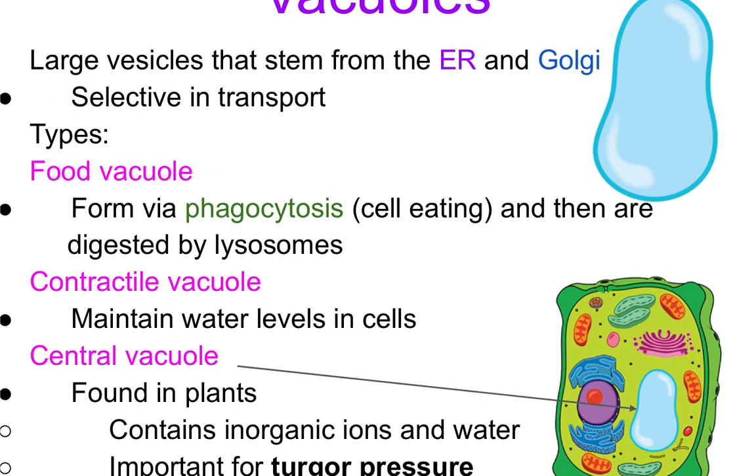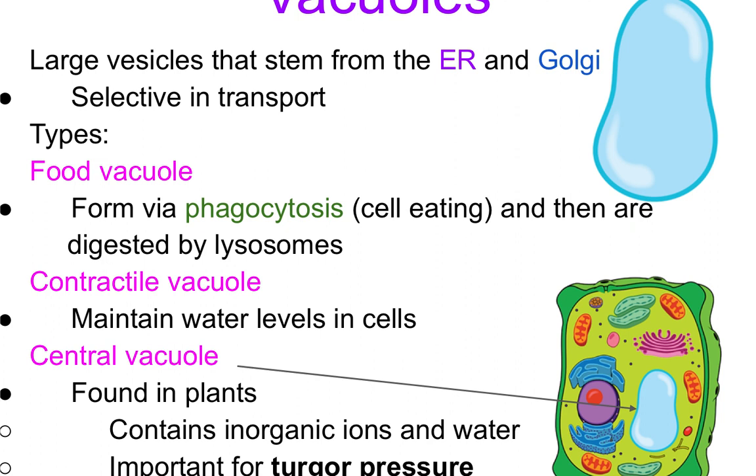water. There's lots of vacuoles inside of cells, but let's talk about a few really specific ones. So the large vesicle that stems out of the endoplasmic reticulum and the Golgi apparatus is committing this selective transport. It can work in 3 different major ways. It can work as a food vacuole, it can work as a contractile vacuole, and it can also work as a central vacuole. The central vacuole is only found in plants.